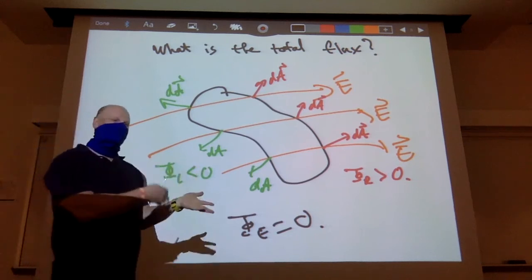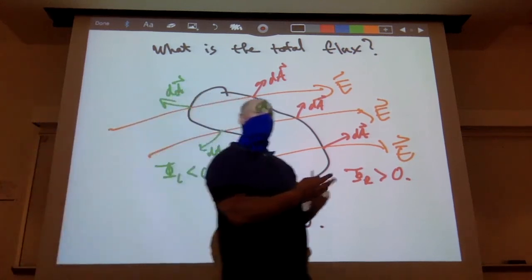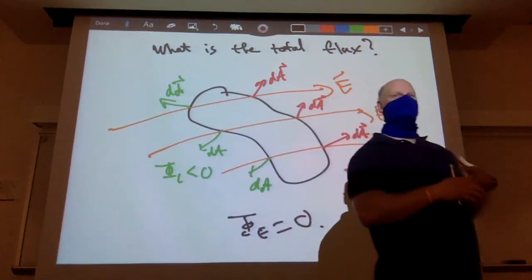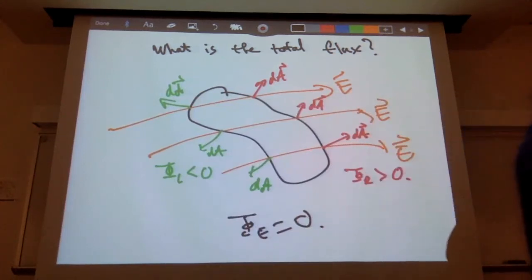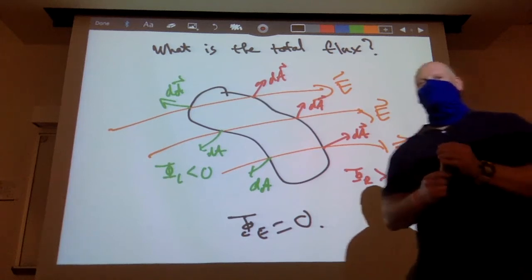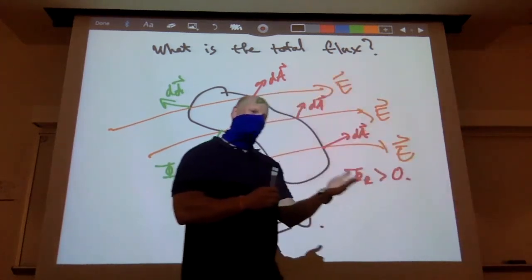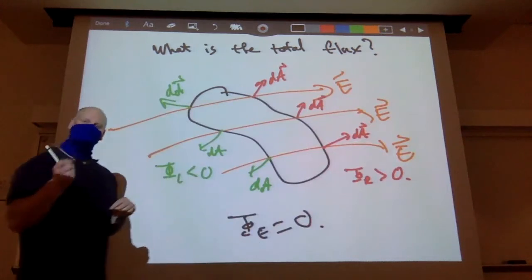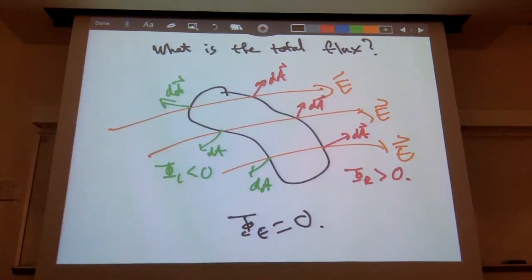It just tells me I have the same number coming in versus coming out. There's no way I can extract the electric field from there. But what's more interesting is how is it possible for me to have an unequal number of field lines coming in versus coming out? What must be the condition for that to be true? What has to be present?